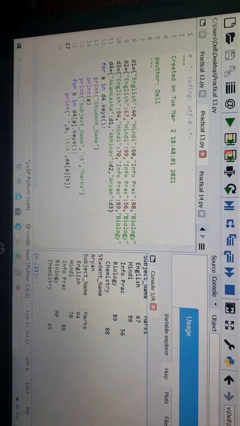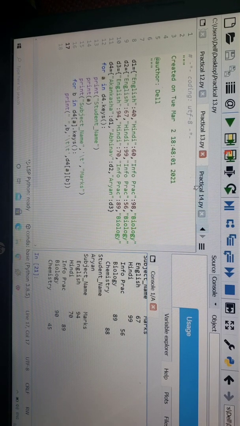Here you can see that it is not aligned properly, though I have used this \t, so we can have a perfect distance between the subject and the marks, but as the subject names' number of characters vary, it is showing us the result in that way. You can use different types of escape characters with the help of which you can format your output.